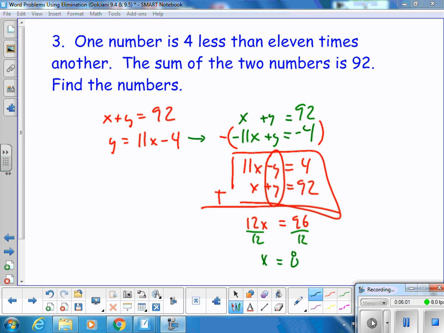Now that I know x is 8, I can substitute it in. 8 plus y equals 92. Subtract 8 from both sides. Y equals 84. So my intersection is at 8, 84 for my system, and the two numbers are 8 and 84.